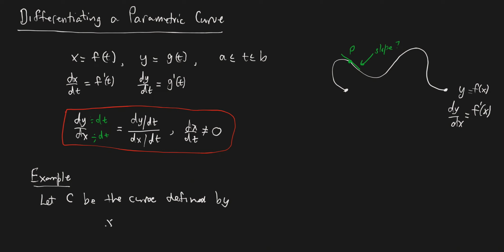Let's say x is equal to the square root of 1 plus t, and y is equal to 1 over t plus 2, for t greater than or equal to 0 but less than or equal to 4. All right, so that's our parametric curve.